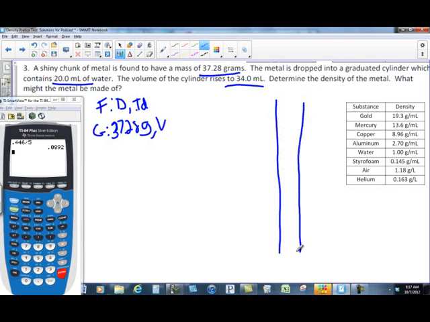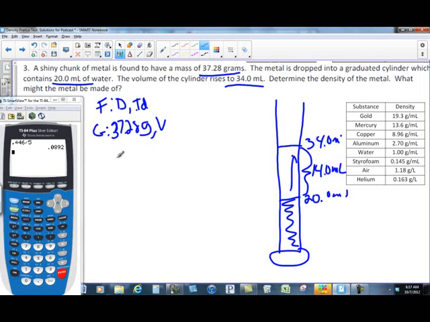I'm trying to draw this: the water initially was at 20.0 milliliters. I drop in my piece of metal and it rises to 34. So this difference is the volume of my piece. If I take 34 minus 20, I'm going to get 14.0 milliliters.